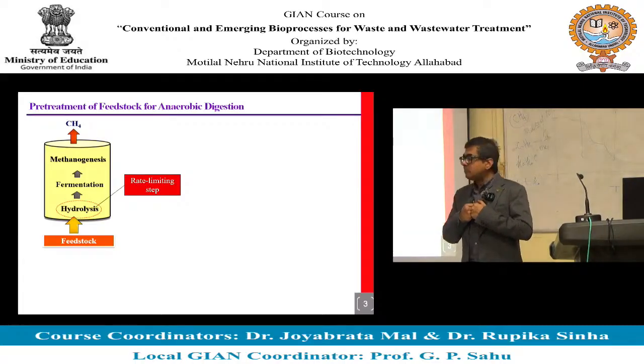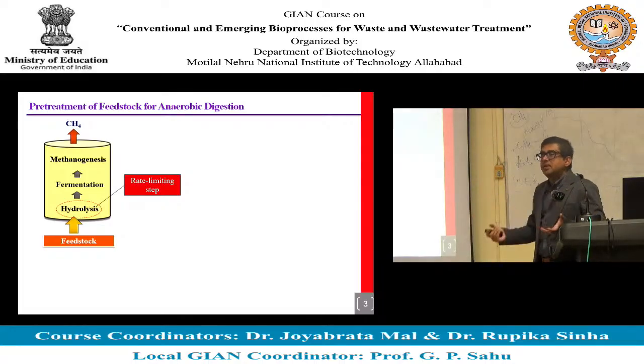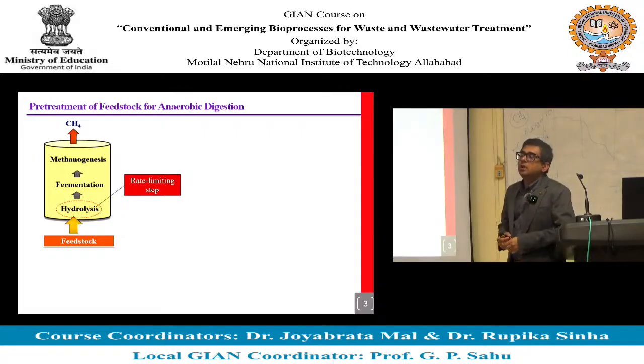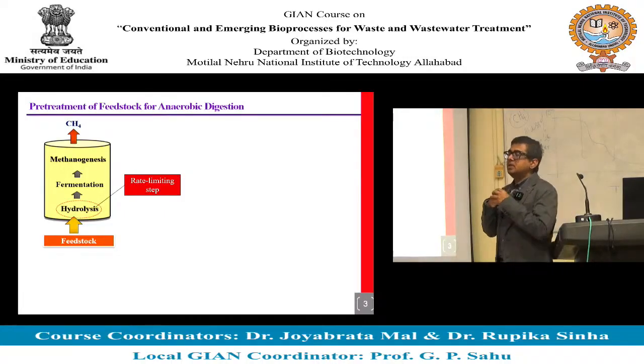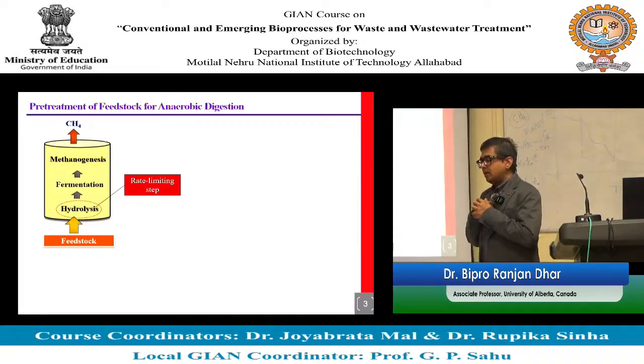If you think about municipal sludge that we use for anaerobic digestion, one of the major problems of activated sludge is that it is biomass, and biomass sometimes forms a very strong network of different polymeric substances. During anaerobic digestion, it's very difficult to break down that polymeric network.